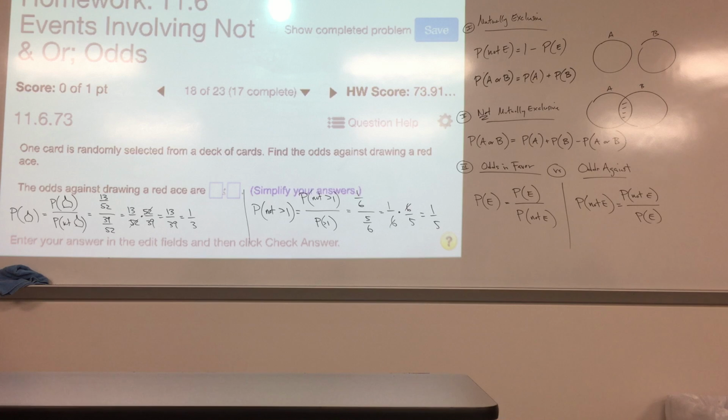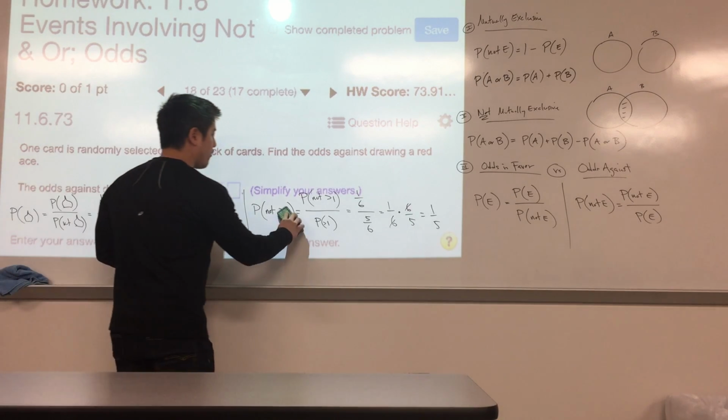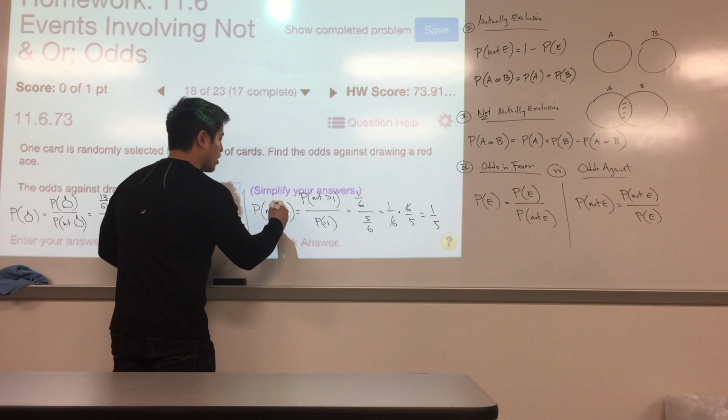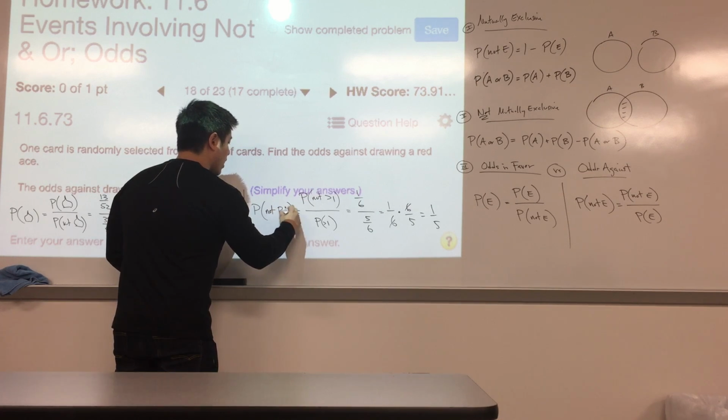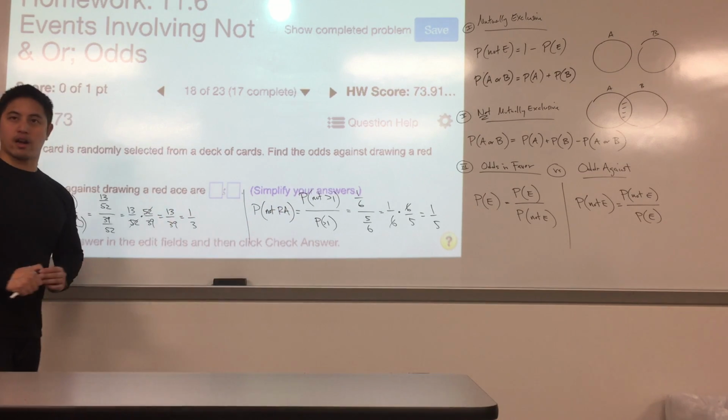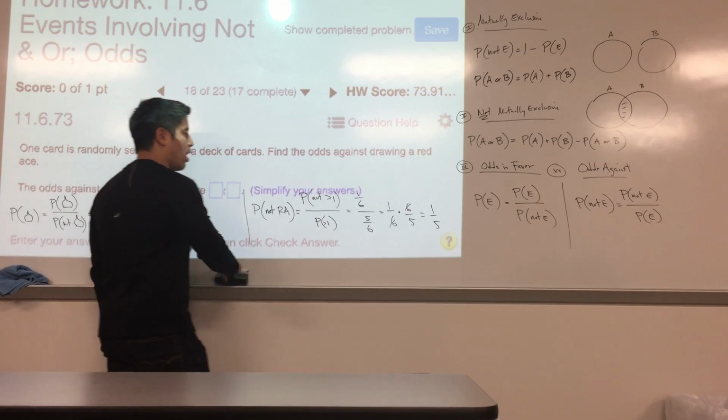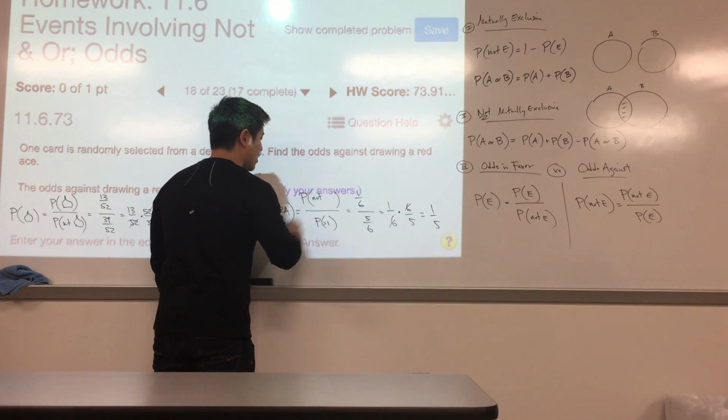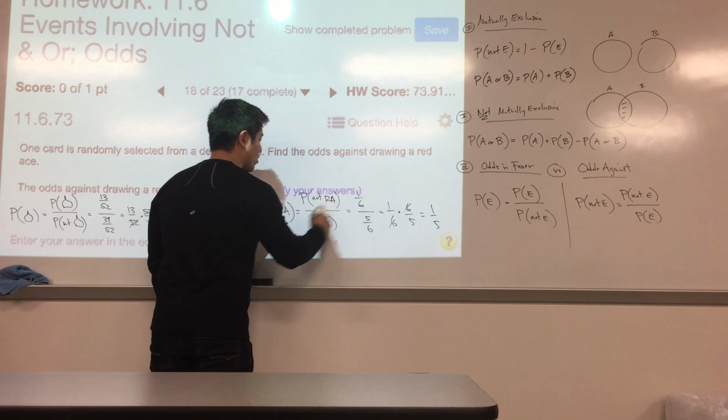One card is randomly selected from a deck of cards. Find the odds against, not this, right? Drawing a red ace. We want to find out not a red ace. Right, everybody? If we don't want a red ace, then that's what goes in the numerator.